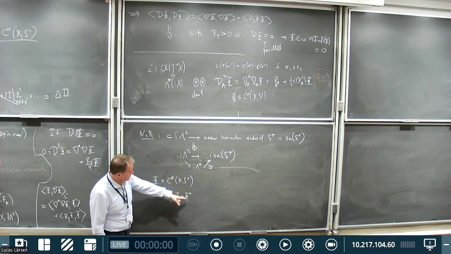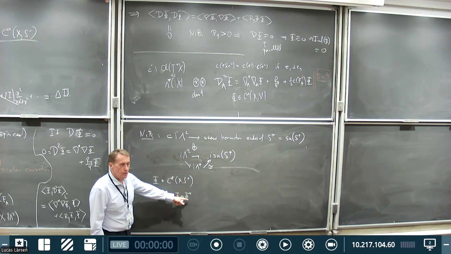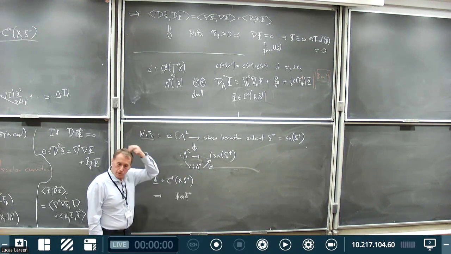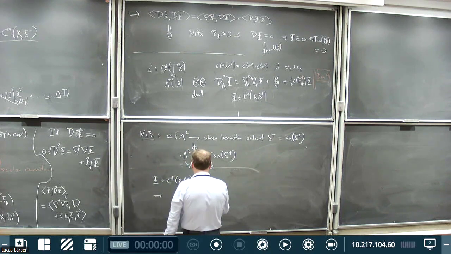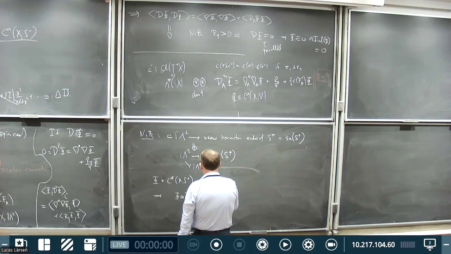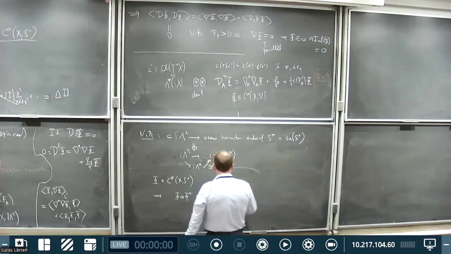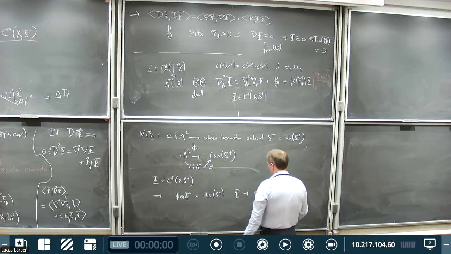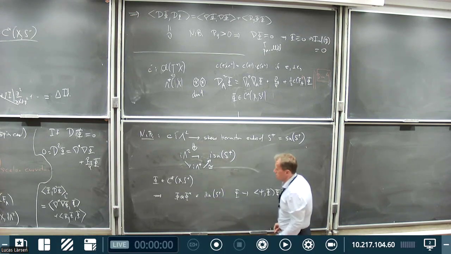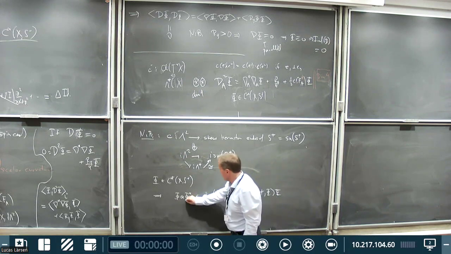It's the endomorphism that takes the inner product with phi and then multiplies that with phi. That's in i u of S plus. Call it phi tensor phi star.